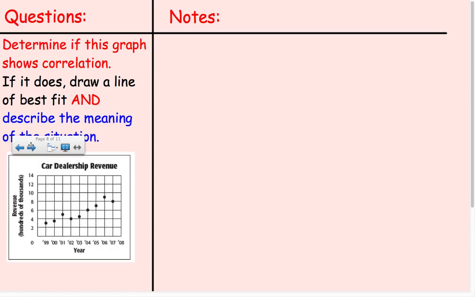All right, this one, I see some correlation there. It looks like it's going up from left to right, so that would be positive. We drew our line of best fit, so let's describe the meaning. The title of this one is Car Dealership Revenue, so how much money a car dealership is making. We've got the years from 99 to 2008, and our revenue, or how much money they made, in hundreds of thousands.